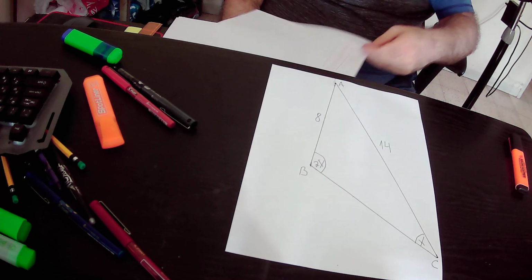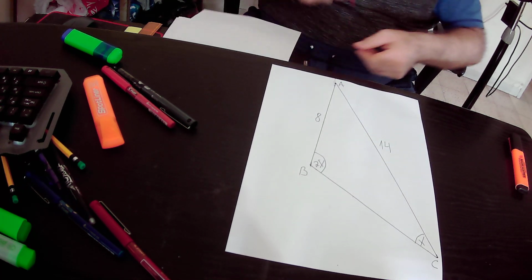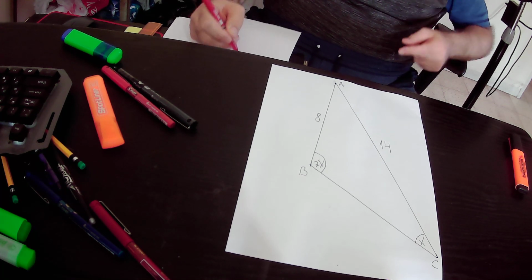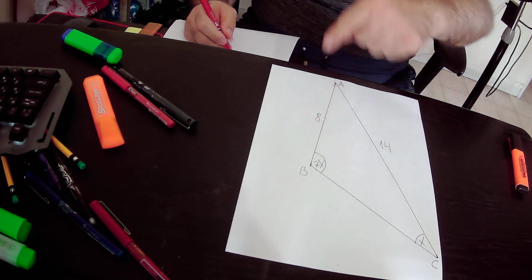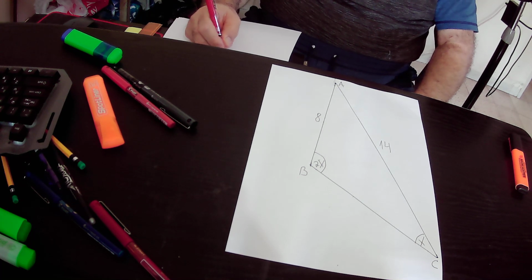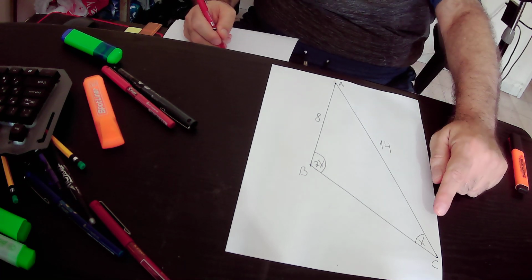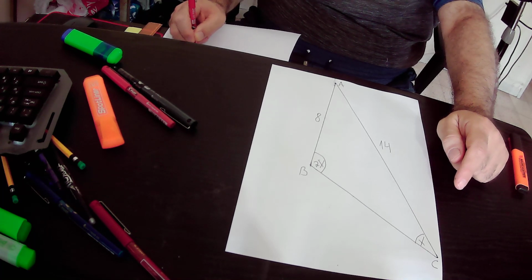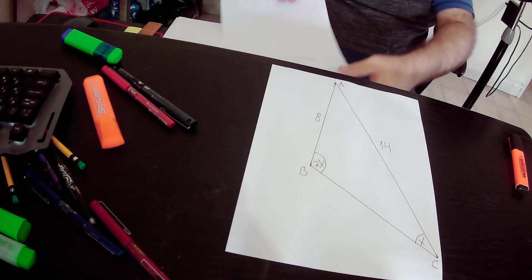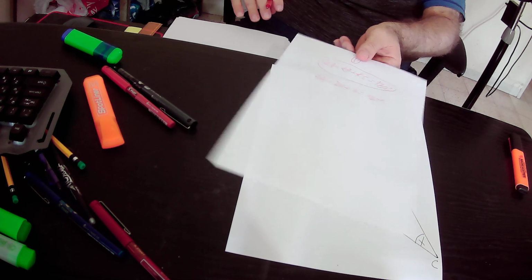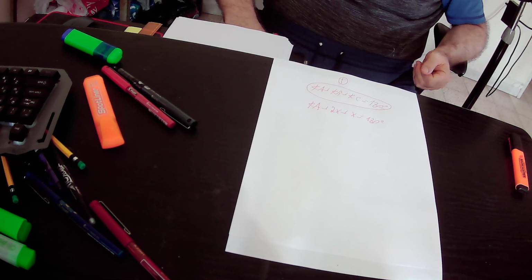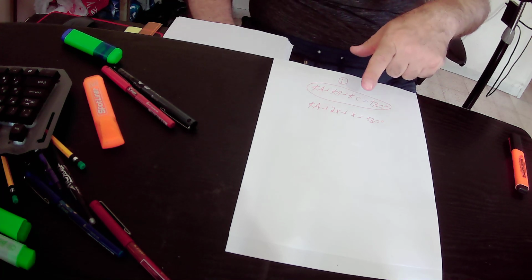So angle A plus angle B equals 2x, and angle C equals x. So we got that angle A plus 2x plus x equals 180 degrees. 2x plus x is 3x.